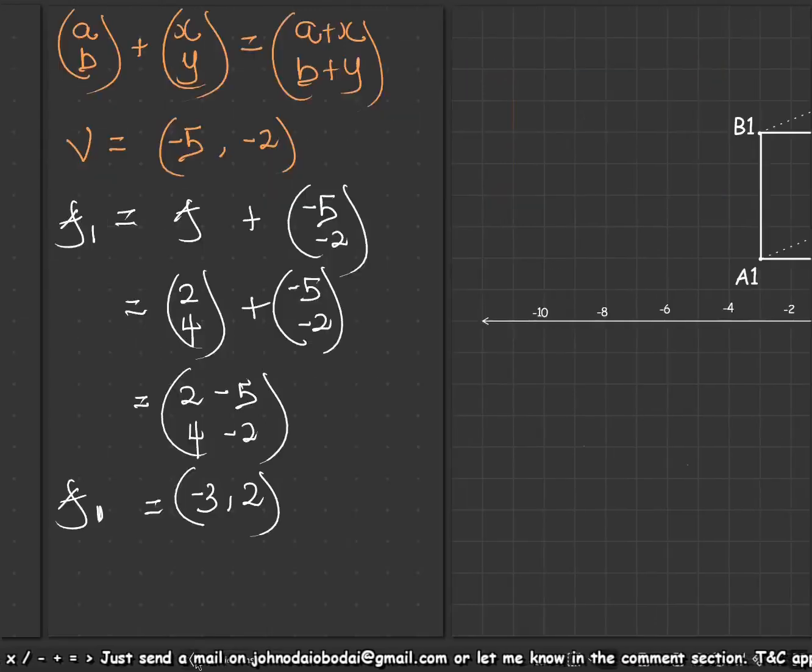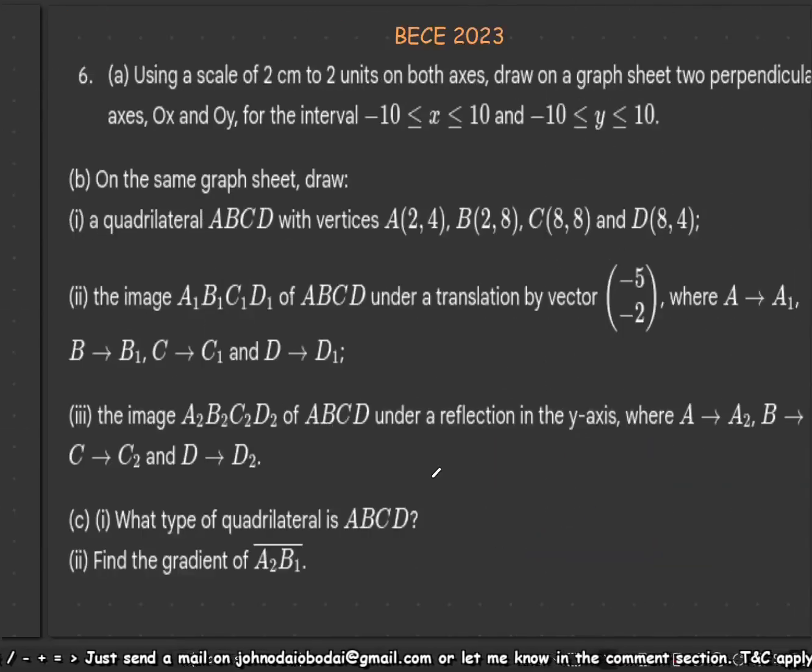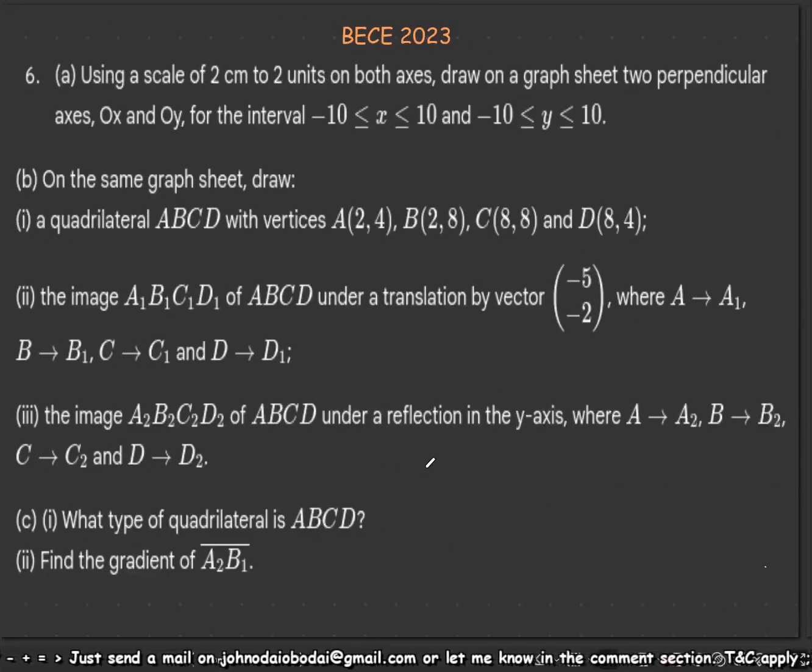That being said, let's look at the next question. Now it says the image A2, B2, C2, D2 of ABCD under the reflection in the y-axis. We are reflecting in the y-axis where A maps to A2, B maps to B2, and C maps to C2, and so on.